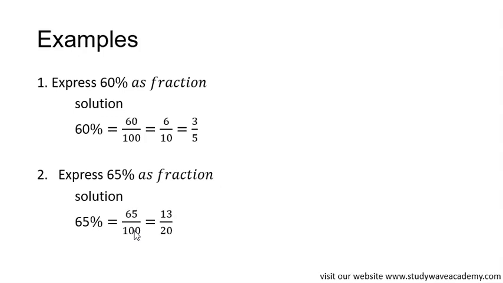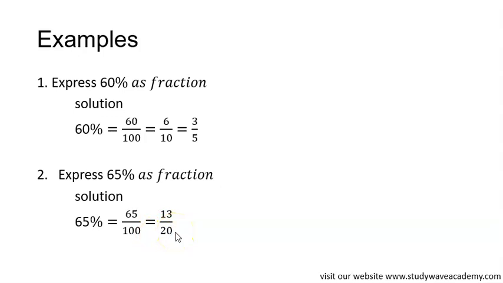We think of a number that can divide both 65 and 100. And what number is that? 5. 5 going into 65 is 13, and 5 going into 100 is 20. So the lowest form of 65 over 100 is 13 over 20, because no other number can divide 13 and 20 without a remainder.